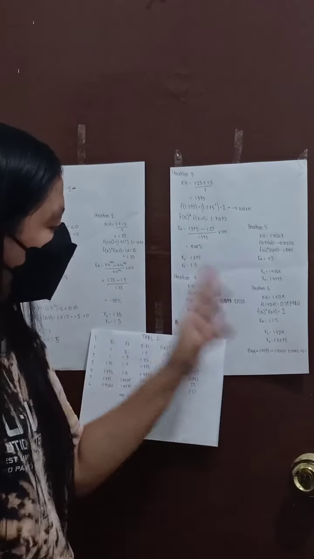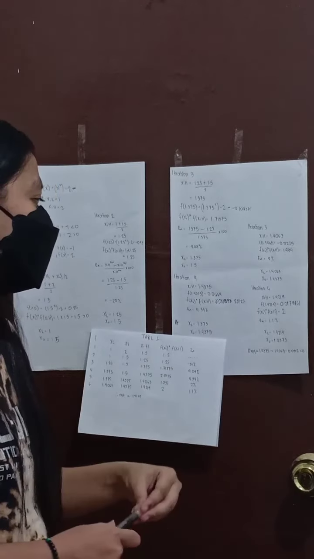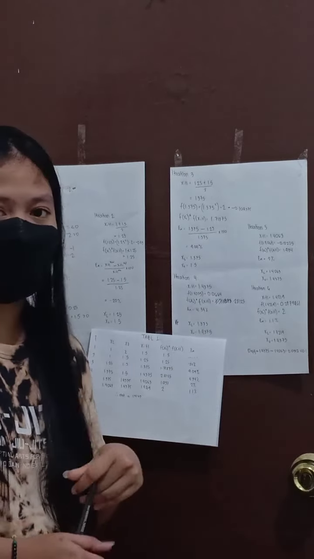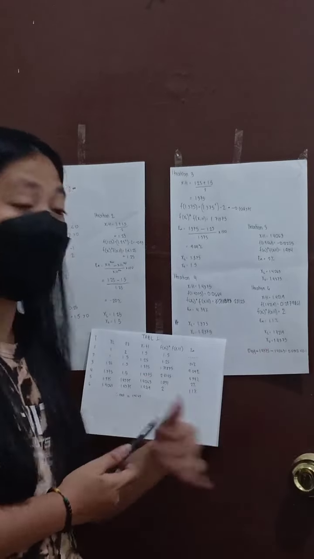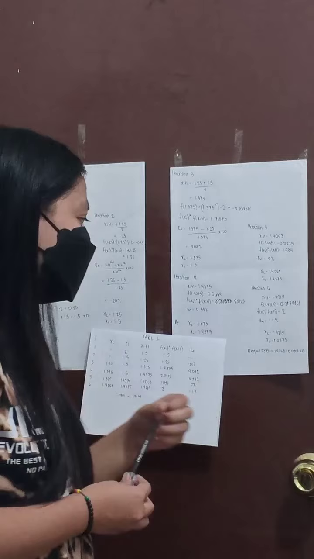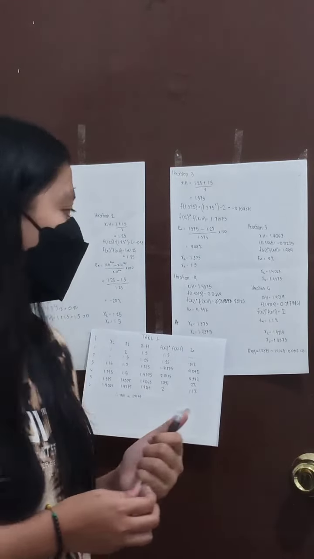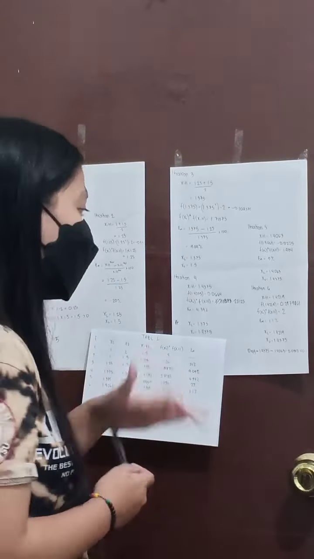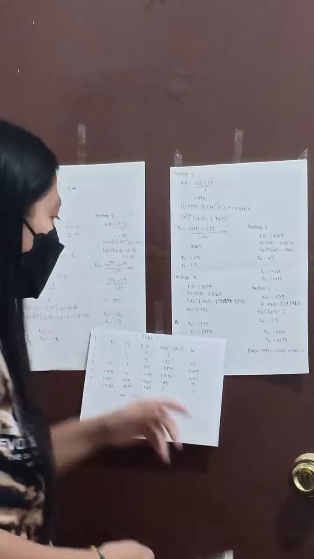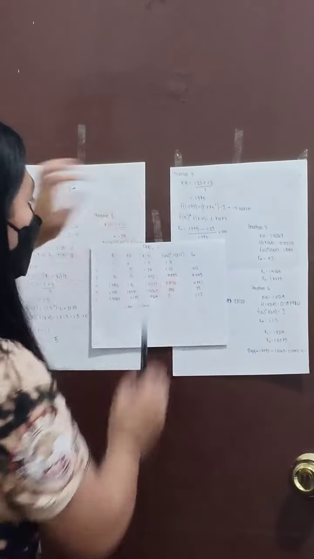So xl equals 1.4219, then xu is 1.4375. So the difference equals 1.4375 minus 1.4063 equals 0.0312, which is less than 0.1.